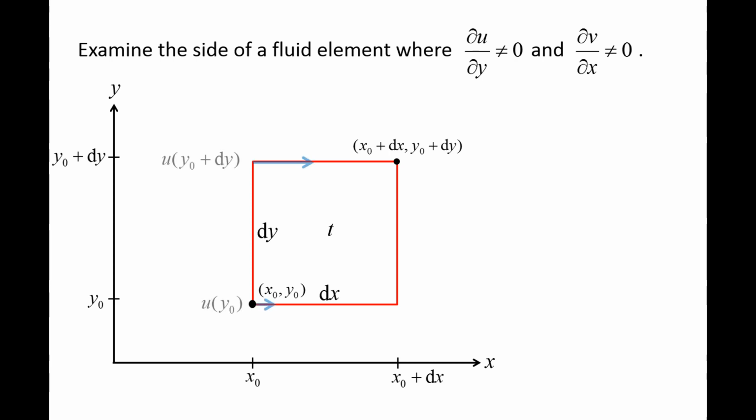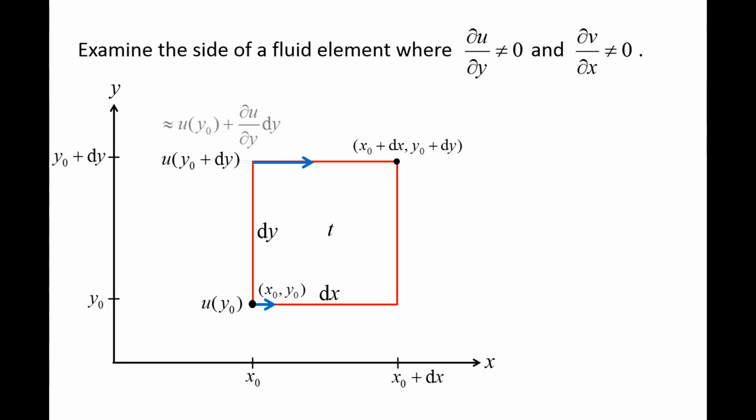The x component of the velocity, shown with blue arrows, varies in the y direction. On the bottom side of the fluid element, the x component of the velocity is u at y0. And on the top side of the fluid element, the x component of the velocity is u at y0 plus dy.